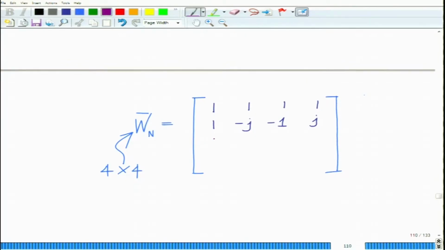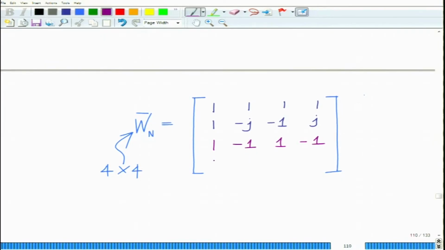Similarly, the third row will be 1, again remember this is transpose symmetric, so I can just write it without computing. So, this is going to be minus 1, this element will be Wn raised to 4, so this will be minus j raised to 4, that will be 1, and again this element will be, if I am not mistaken, k equal to 2, n equal to 3, so Wn raised to 6, that will be minus 1.